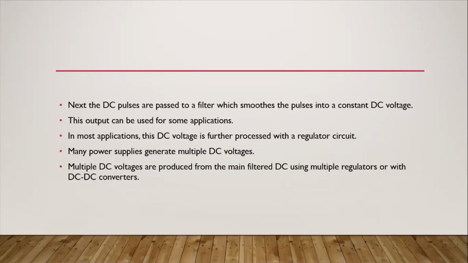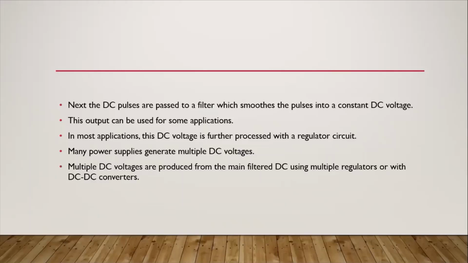Pero kailangan pa rin, since yung mga ibang electronic components, system, or equipment ay hindi pa rin compatible or suitable sa constant DC voltage na naging output, ginagamitan pa rin natin ng regulator circuits. Kaya in most applications, this DC voltage is further processed with a regulator circuit.